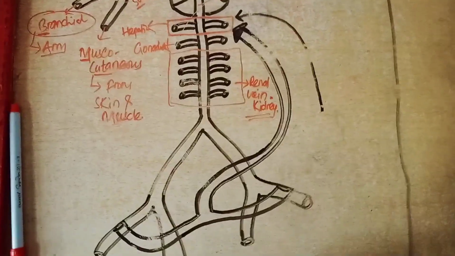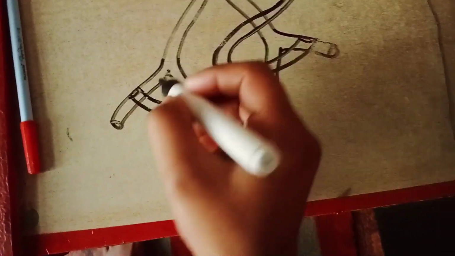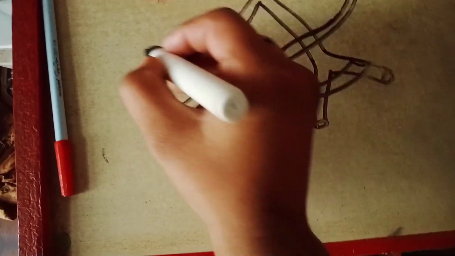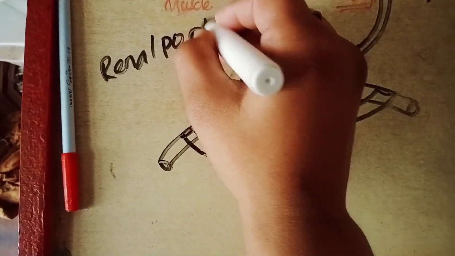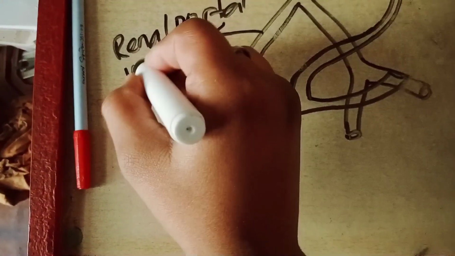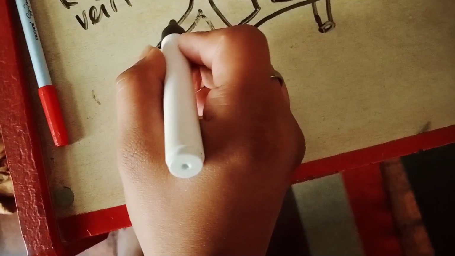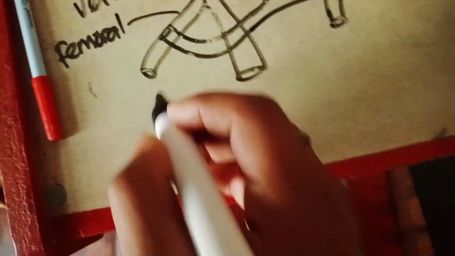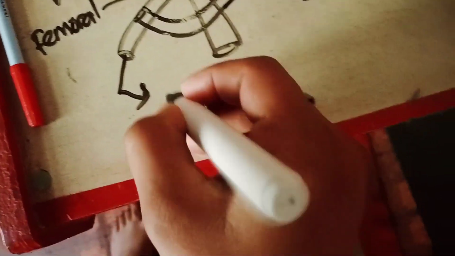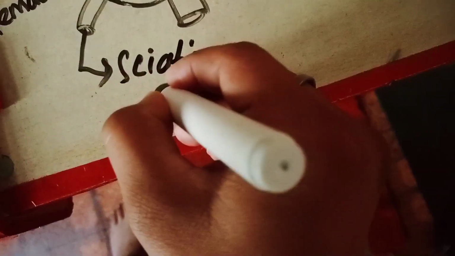In here, this is a renal portal vein. This is femoral vein. This is sciatic vein.